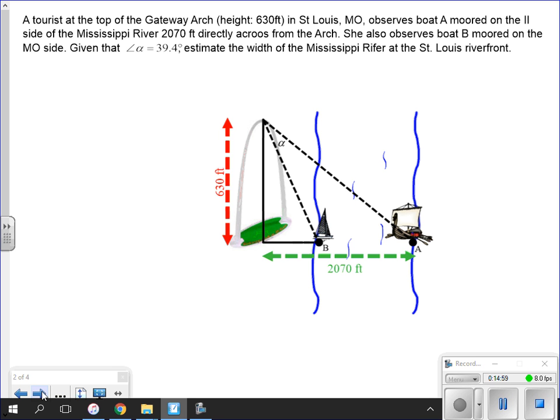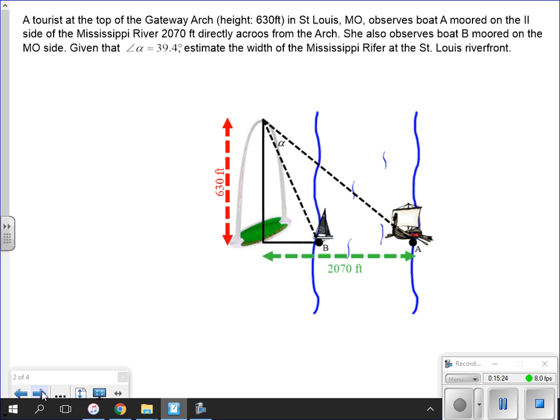She also observes boat B moored on the Missouri side. Given that angle A is 39.4 degrees, estimate the width of the Mississippi River at the St. Louis waterfront. In other words, how far apart are A and B? A is on one side of the river, B is on the other. How far apart are the two boats? That's essentially what you're being asked.